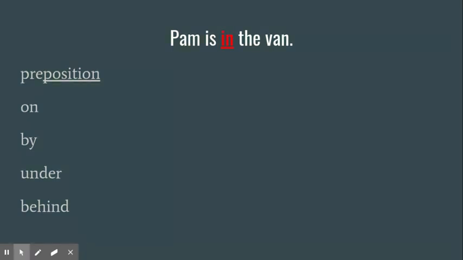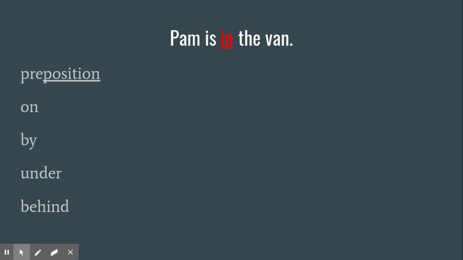So now let's try to change the word in and see how it changes the meaning of the sentence. We could say Pam is on the van, which has a completely different meaning, or Pam is by the van, or under the van, or behind the van. How does that change where Pam is in relation to the van?